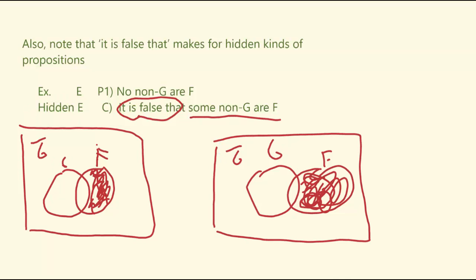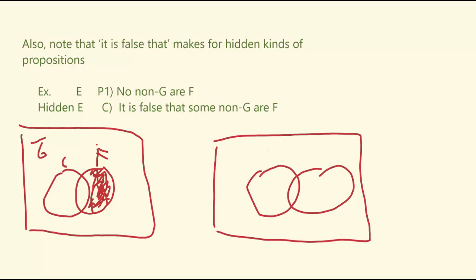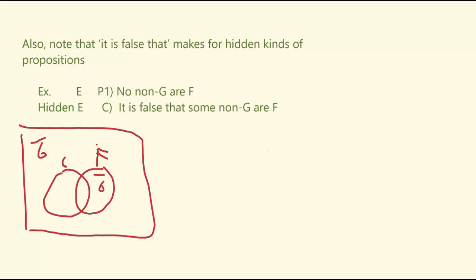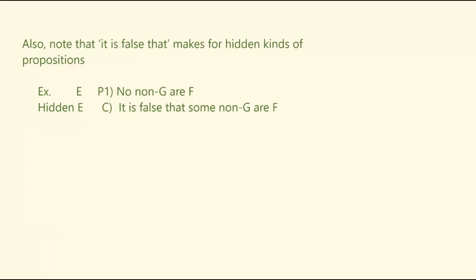And we can show the same thing by using the square of opposition instead of Venn diagrams. So we get rid of these Venn diagrams, and then we construct for ourselves a square of opposition.